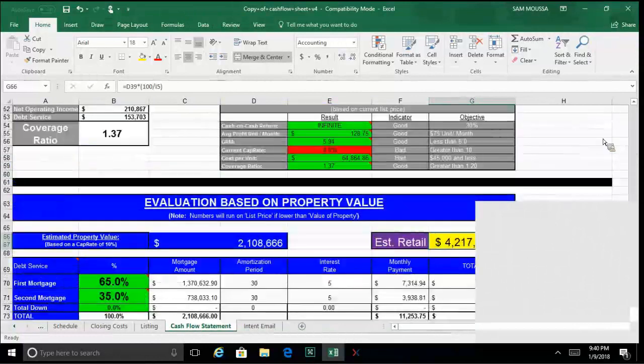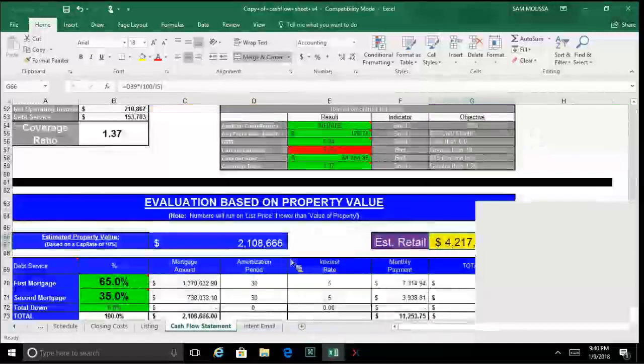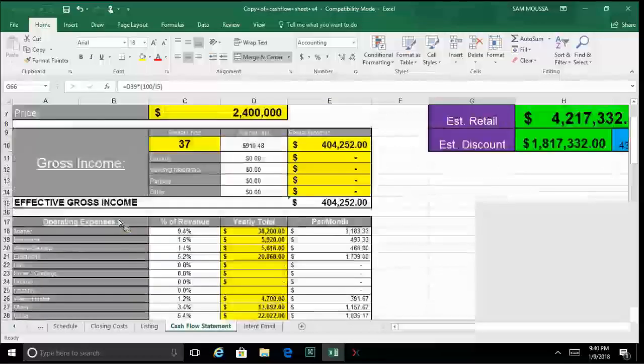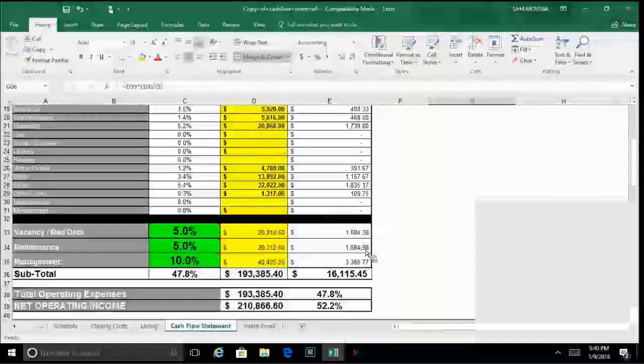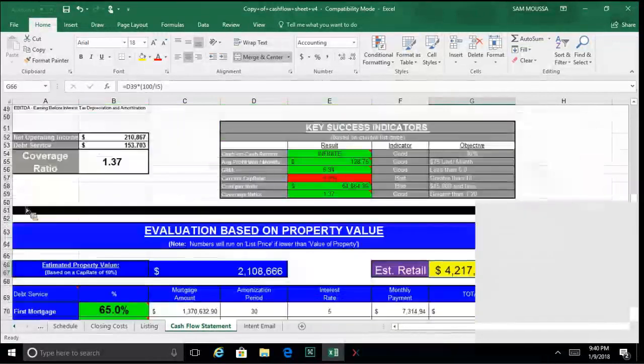So maybe the property is not going to give us the proper cash flow to make it work. But even with the cash flow not being high enough or good enough for us, we might still be able to set up an opportunity for a wholesale deal. Okay, does that make sense to everybody?